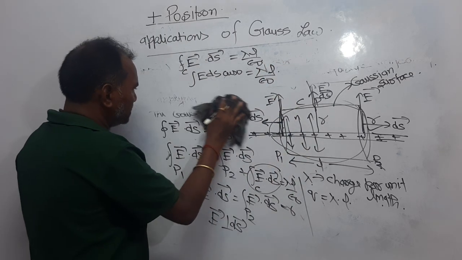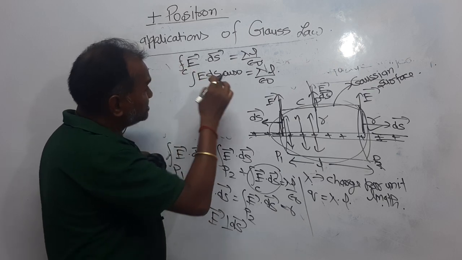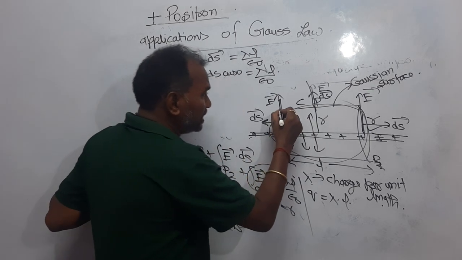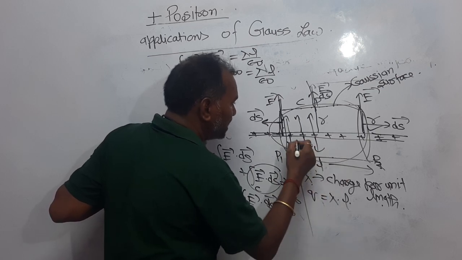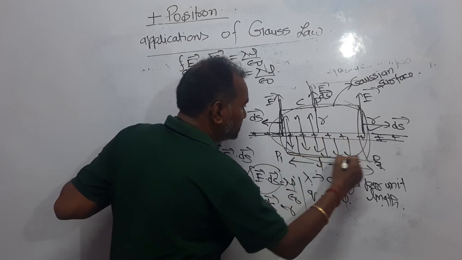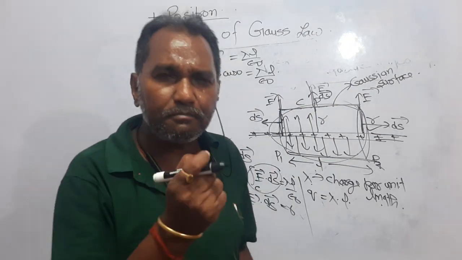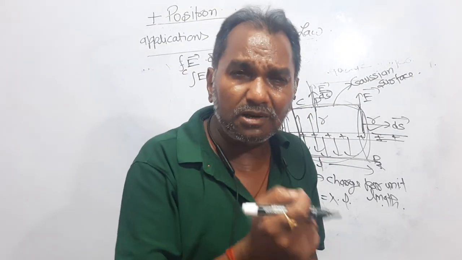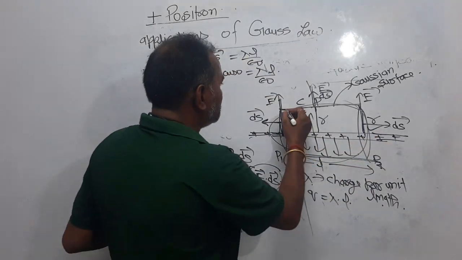Now, dear students, I am just erasing this one. Now, cos 0 is 1, and every point on the curved surface is at an equal distance from the wire, and that is why E is constant at these points. At the surface of the cylinder, every point is at an equal distance from the wire, and that is why E is constant.